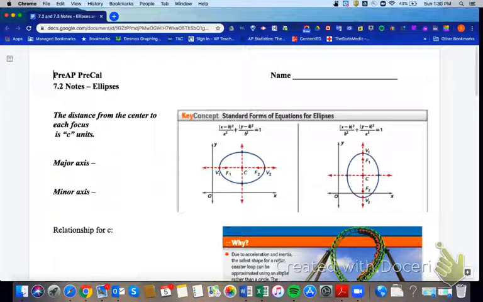The a is always going to be the larger number. So when the larger number squared is under x, so when a is under x, that means the ellipse is going to be longest on the x-axis.